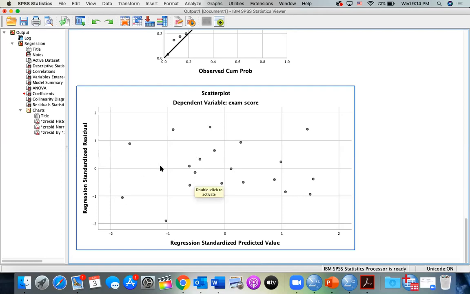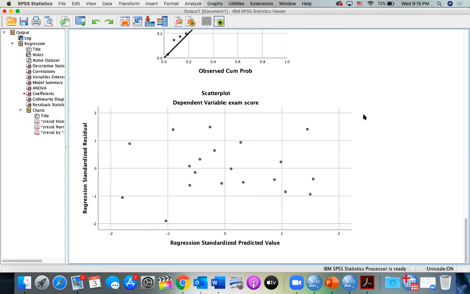They are not a straight line, they are not decreasing, they are not increasing. You can see them everywhere. So as the result suggests that there is no pattern, we can conclude that the homoscedasticity assumption is met, and therefore everything looks fine.